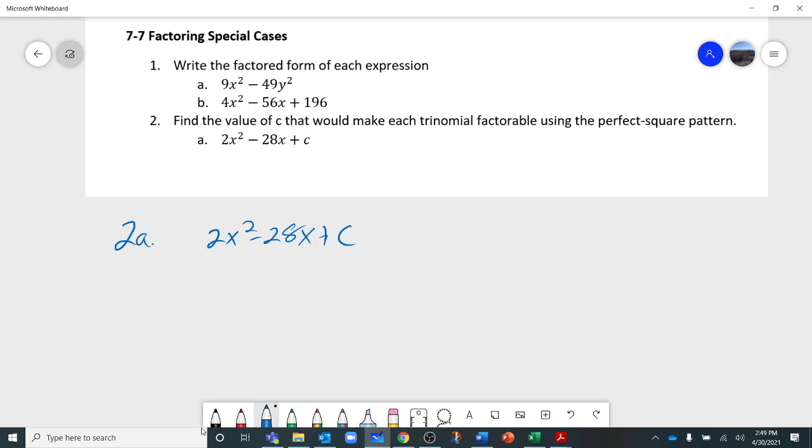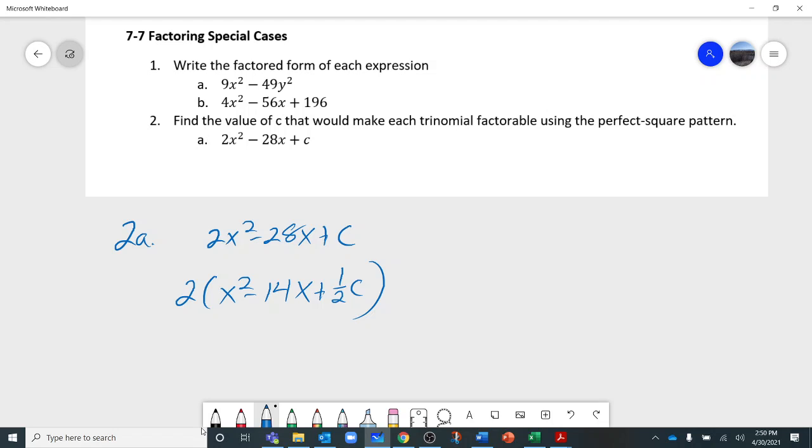So I'm going to factor out a 2 from all of this, and that's going to give us x squared minus 14x, which looks fairly familiar, plus 1/2 c. Because I factored out a 2, that means I have to cut my c in half as well.